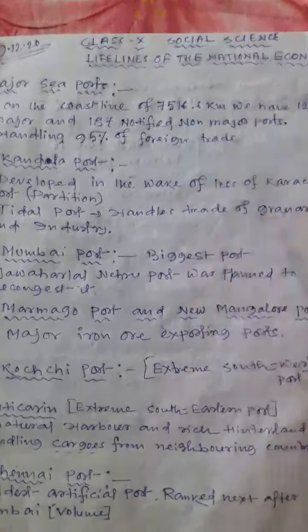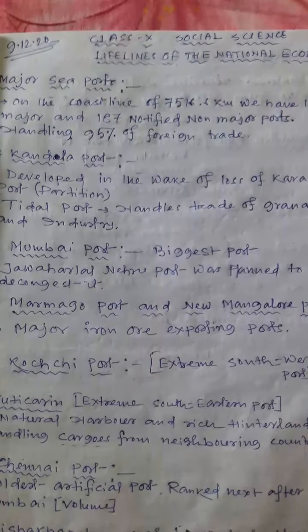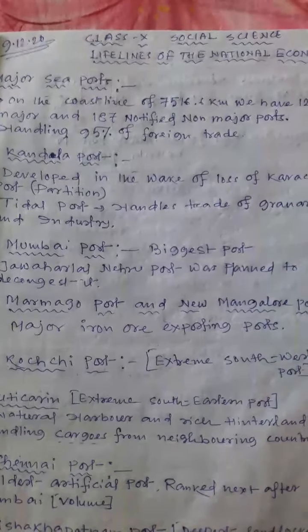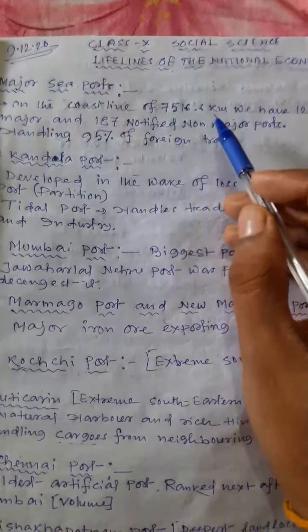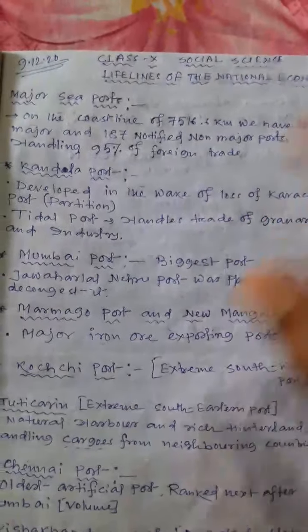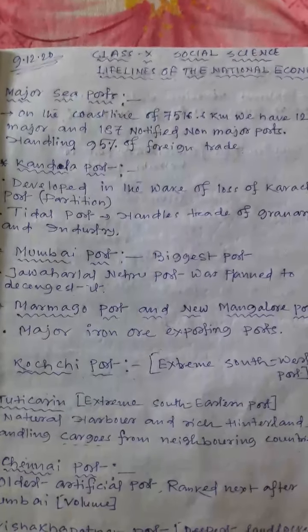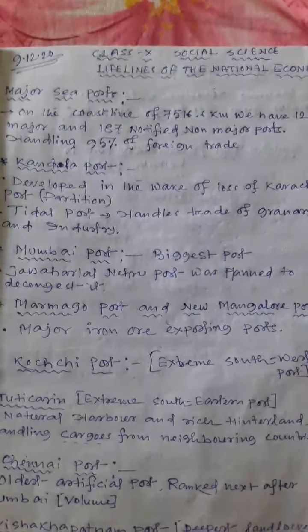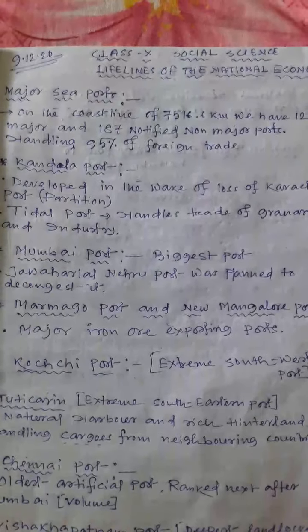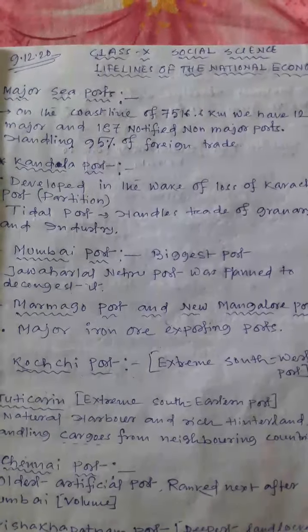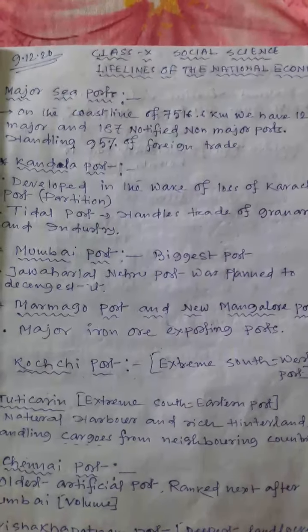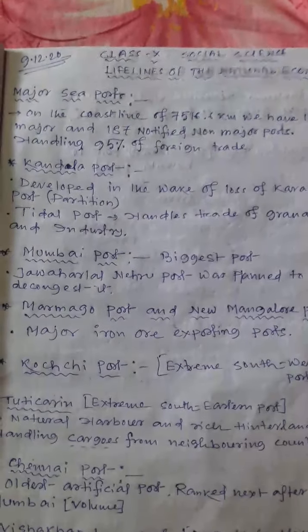So obviously these seaports are established on the coastline, and the area is 7,516.6 kilometers, and in this area we have 12 major ports, very vital ports, and 187 notified non-major ports. Non-major ports, you can also say minor ports, and that is handling 95% of foreign trade.